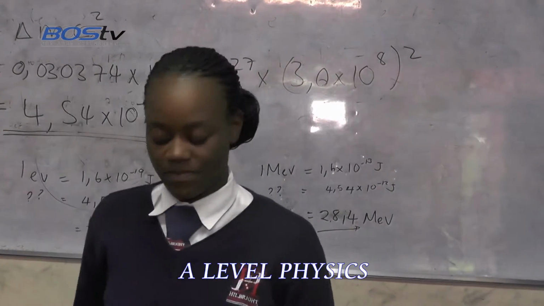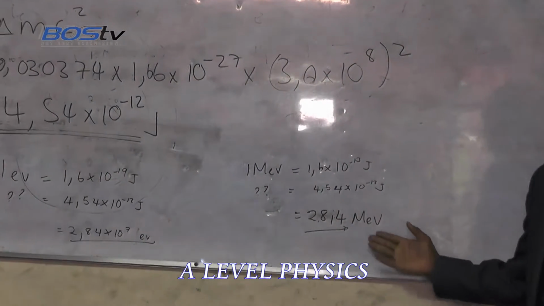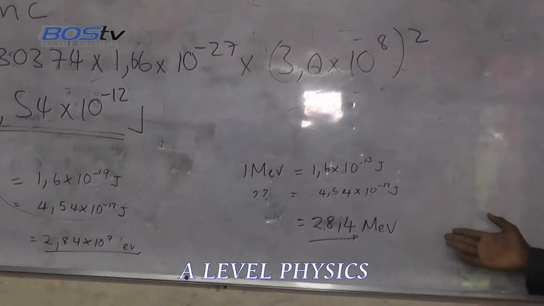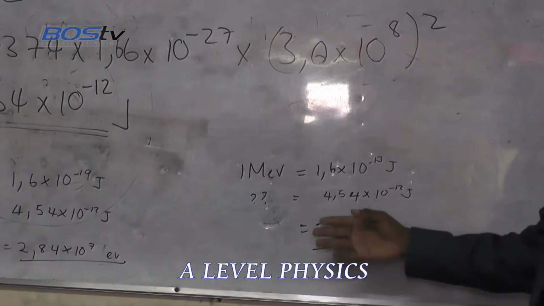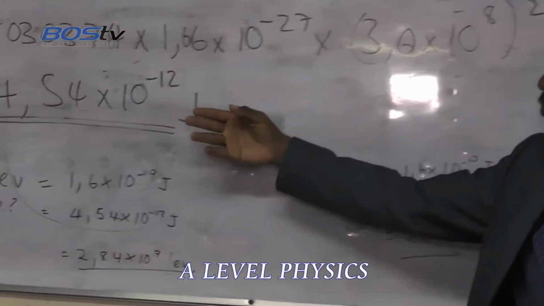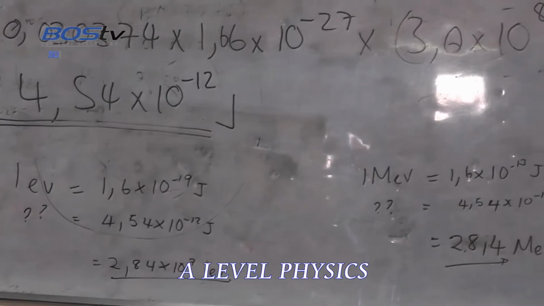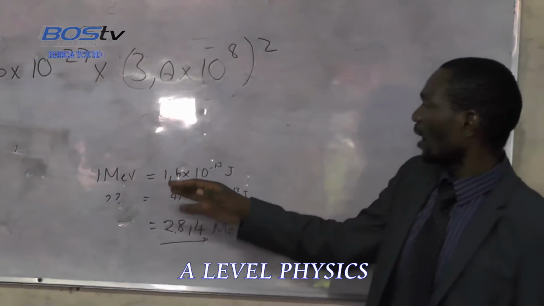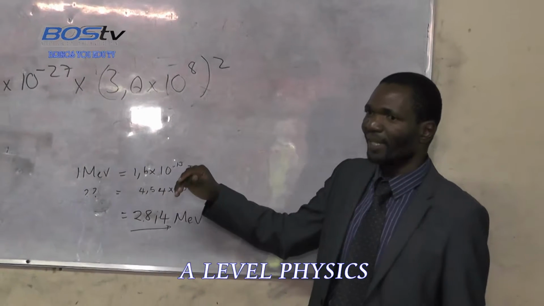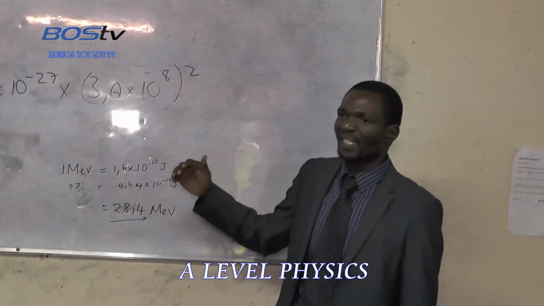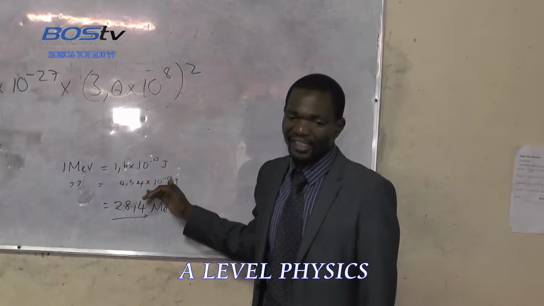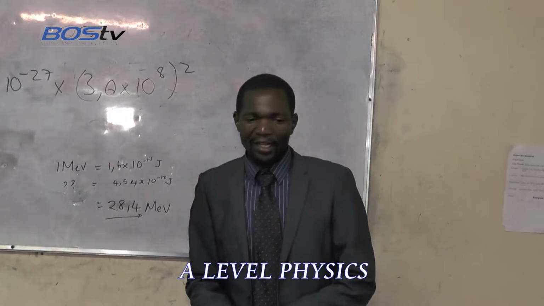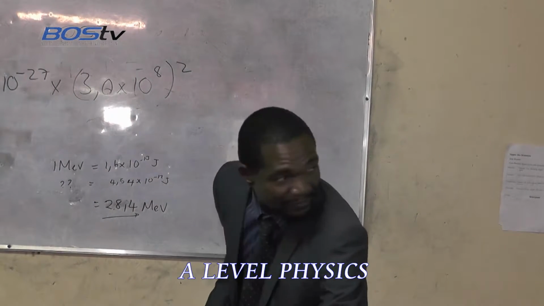Class? It's correct. Yes. So the conversion, to get from joules to electron volts, you divide by 1.6 times 10 to the power minus 19. If you are converting from joules to mega electron volts, you divide by 1.6 times 10 to the power minus 13. Right. Now, I think on that part we are done.